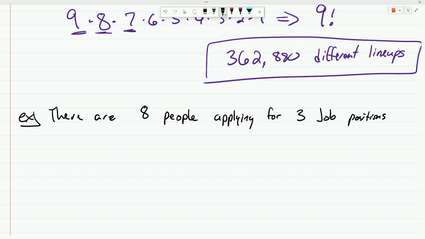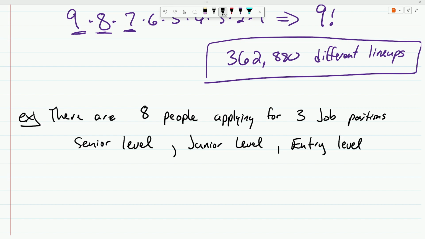And the positions are senior level, junior level, and entry level. Senior level pays $85,000. Junior level pays $60,000, and entry level pays $35,000. So clearly, there's an order here.